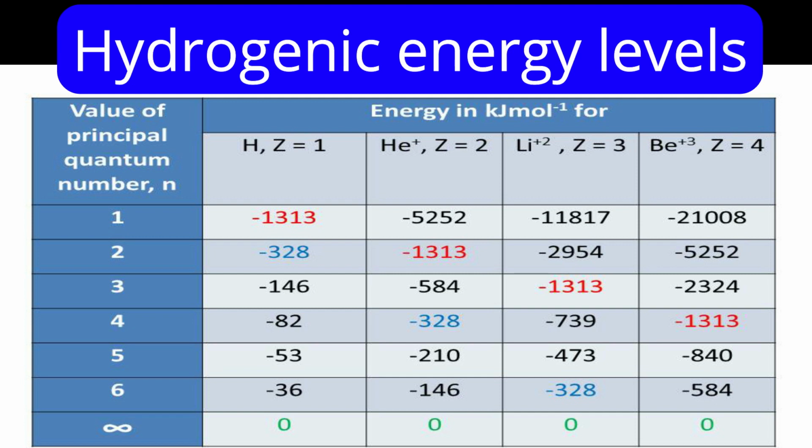Here also you are finding, as atomic number increases, the lowerness of the respective energy levels increases. Beryllium plus 3 sixth shell is much lower compared to the highest, n is equal to infinity level.